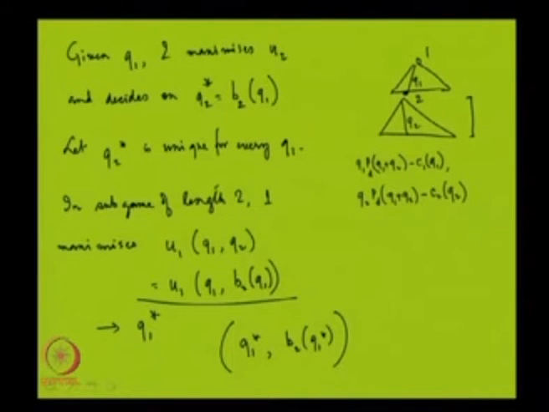So, this is going to be the terminal history in the subgame perfect equilibrium of this game. And after q1 star has been chosen, q2 star, that is b2(q1 star), is chosen, we are going to have the profits which are earned by these two firms. So, this is the general structure of the subgame perfect equilibrium of this game.